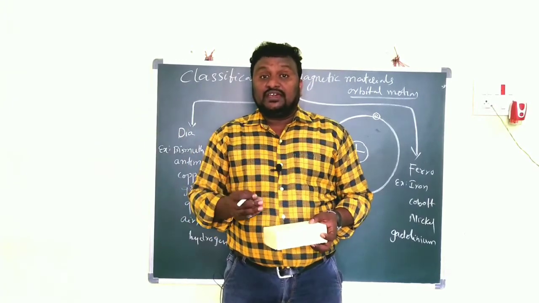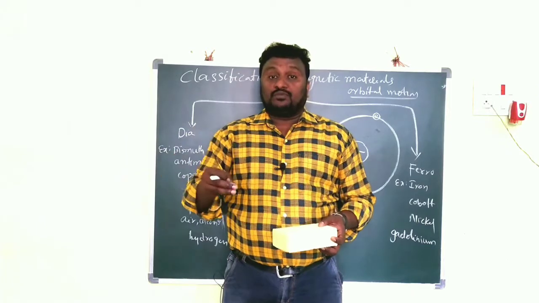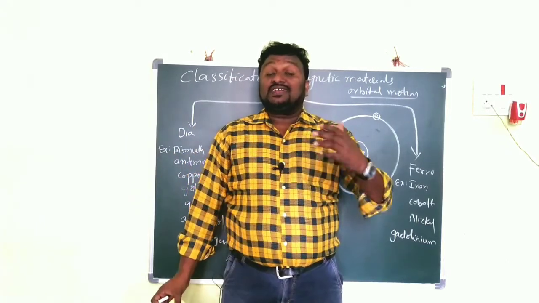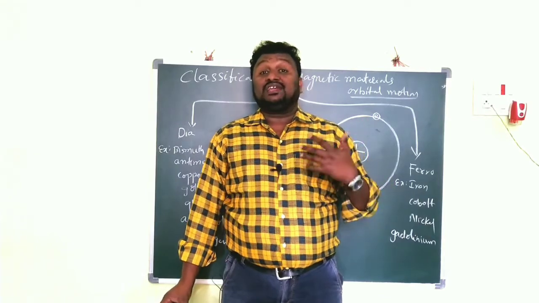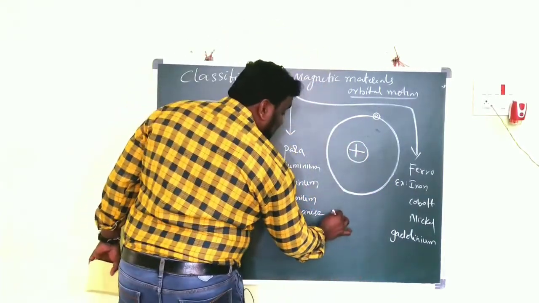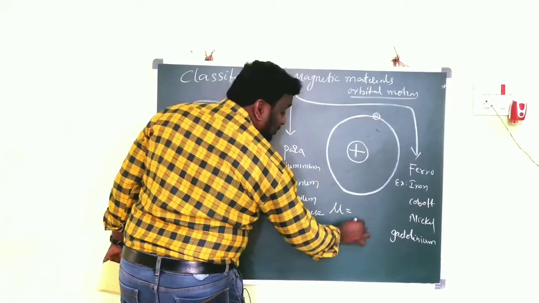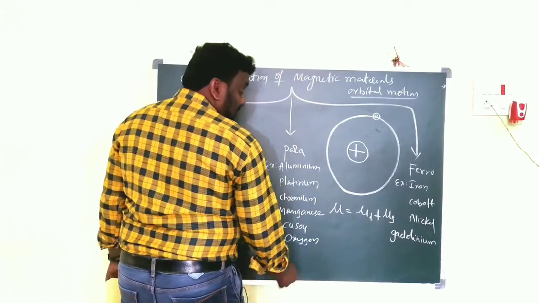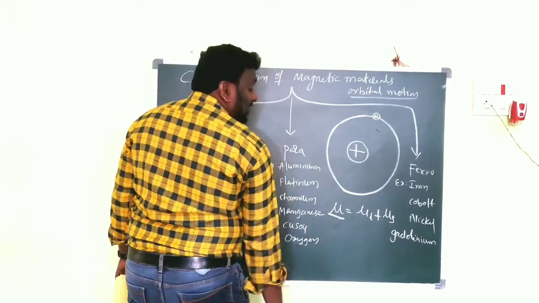So due to these types of motion, spin motion and orbital motion, an electron constitutes a magnetic moment. The electron magnetic moment is written as mu = mu_L + mu_S. This is the magnetic moment of the electron.